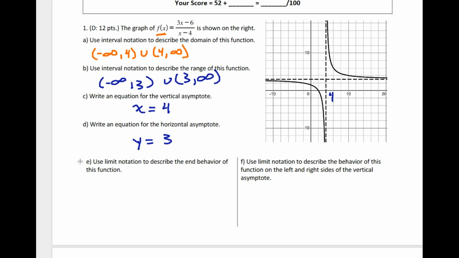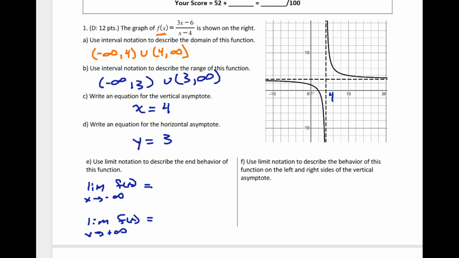All right, it says use limit notation to describe the end behavior of this function. Well, that's the limit as x goes to negative infinity of the function, and we'll write what that equals in a moment. And on the other end is the limit as x goes to positive infinity of the function.